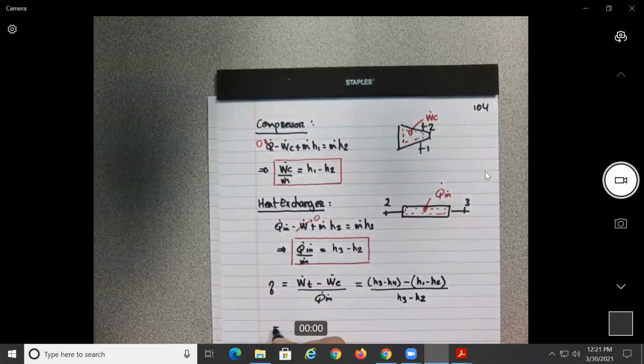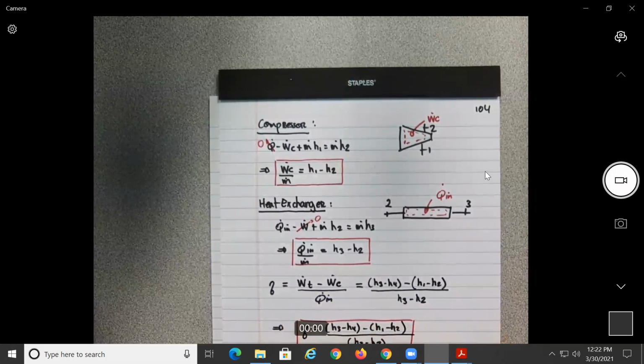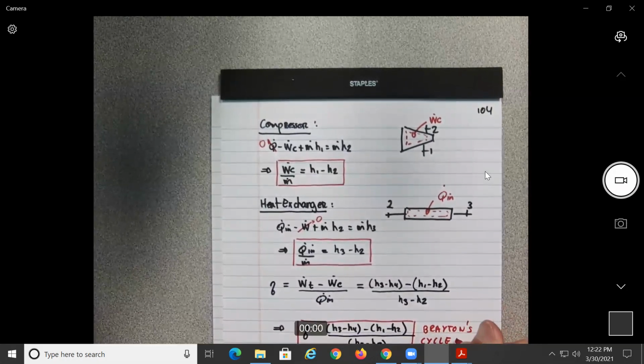So if you want, finally, the efficiency is H3 minus H4 minus H1 minus H2, divided by H3 minus H2. So this will be the Brayton cycle efficiency.